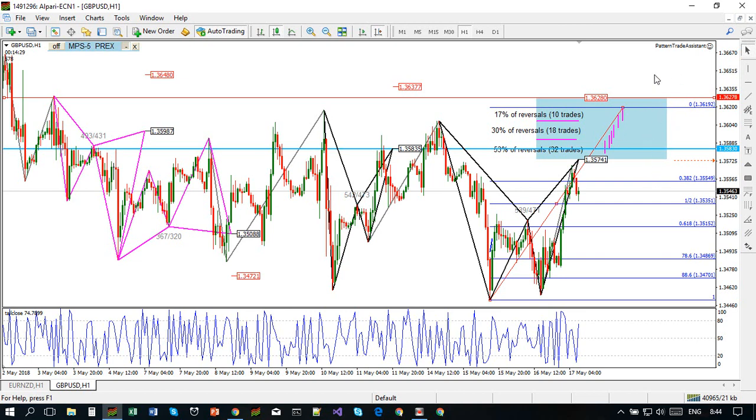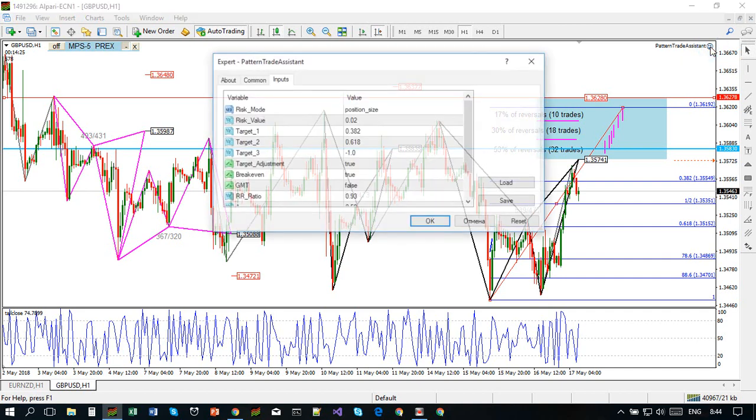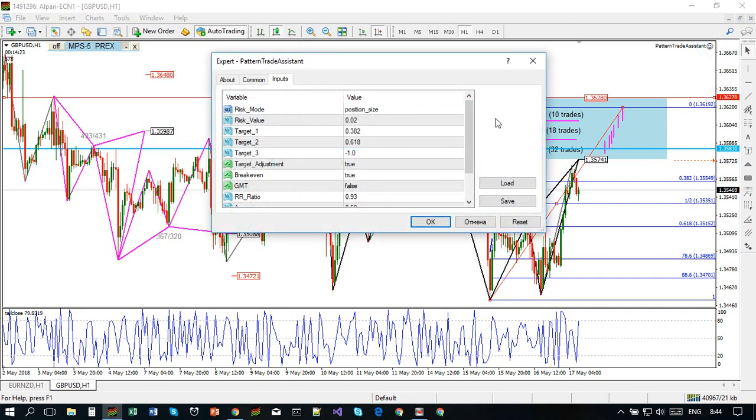One of two things. The target adjustment is done automatically by Pattern Trade Assistant. It is this special expert advisor that does the trade execution, and it does the target adjustment, trade management.